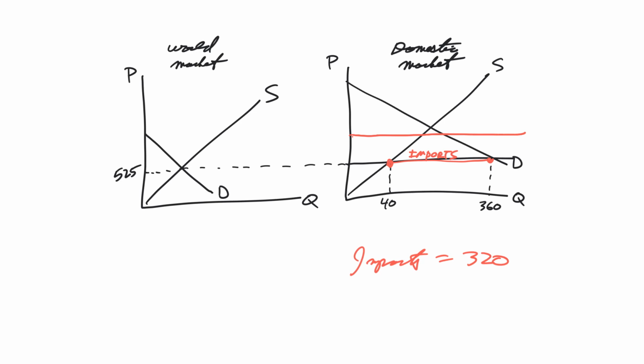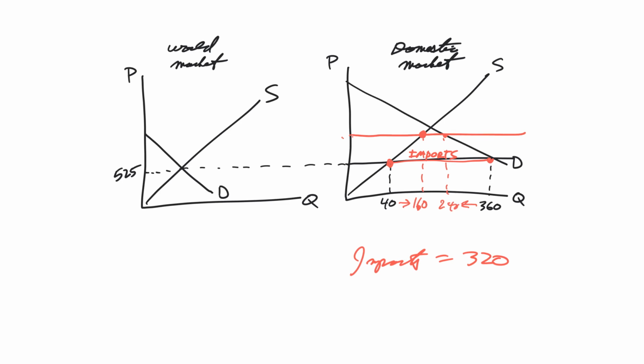So it turns out that at this particular price, quantity supplied is increased to 160, while quantity demanded decreases. Well, let's put a little arrow. Decreases down to 240.